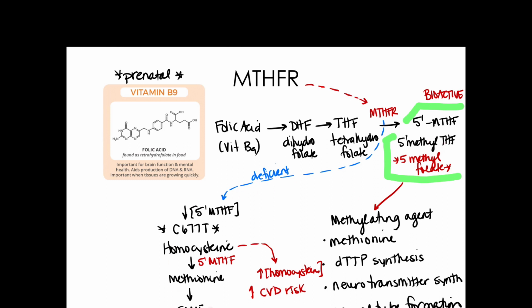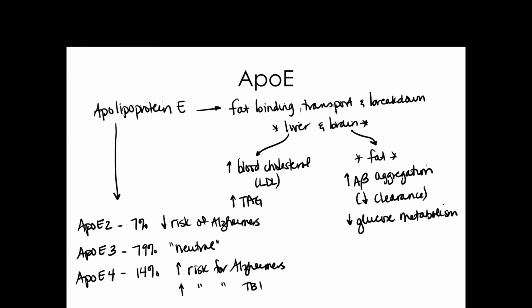We talked about some applications of this, but not anything you really need to worry about for the exam. You're just going to need to know that MTHFR is the gene that's involved in the production of the bioactive methylating agent 5-methylfolate.